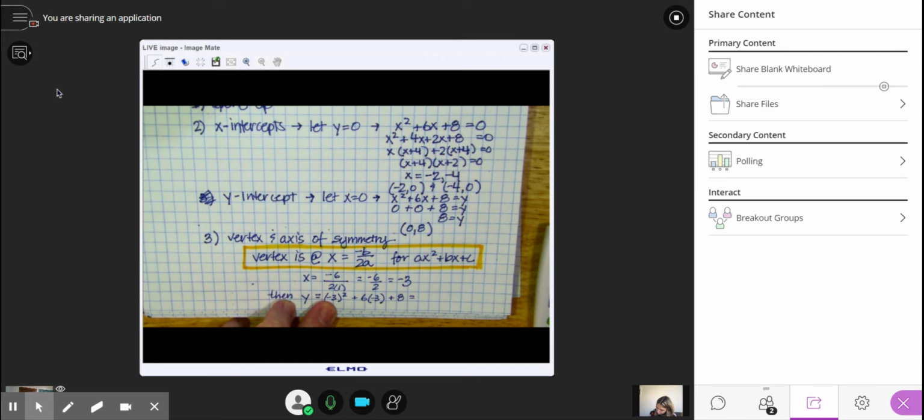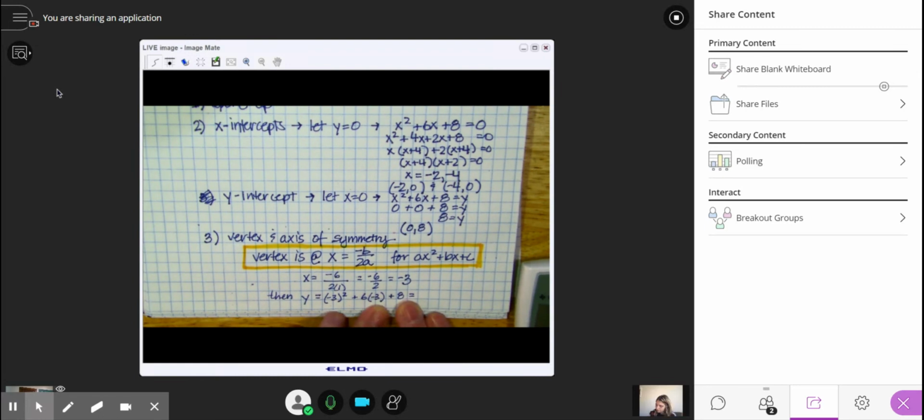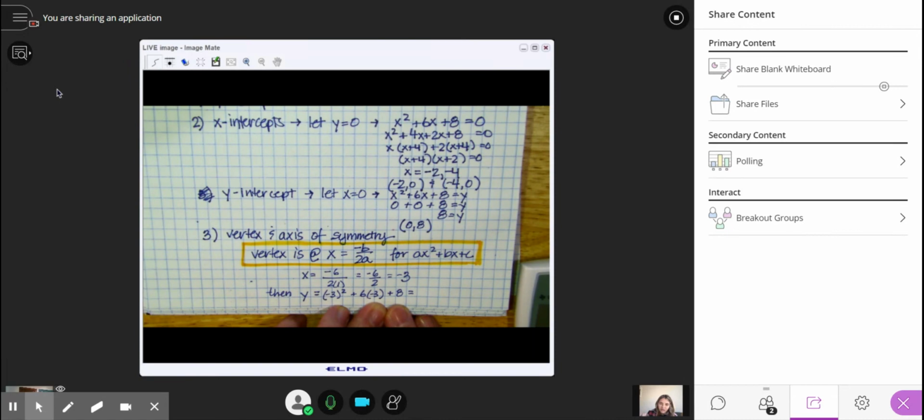I think I get negative 1. Right? Negative 3 squared is 9. Minus 18 is negative 9. Yep.